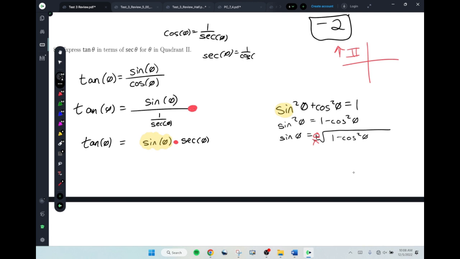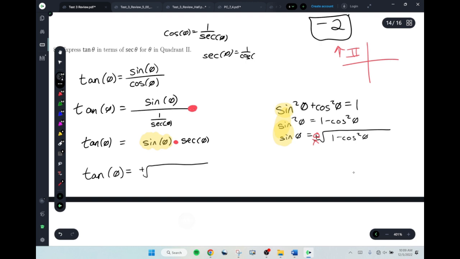So now I'm going to take this highlighted sine and plug all that in. Now I've got tangent theta equals positive, though you don't have to write the positive, square root of 1 minus cosine squared theta times secant theta.